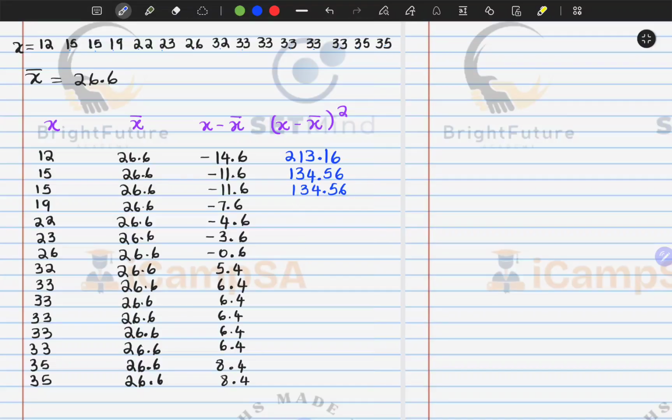And this will carry on down. We just square what we see here and put it on the other side.